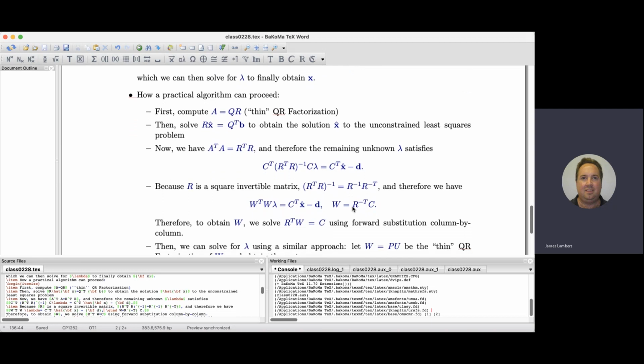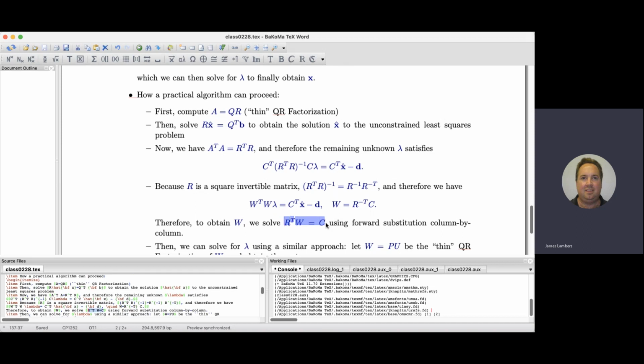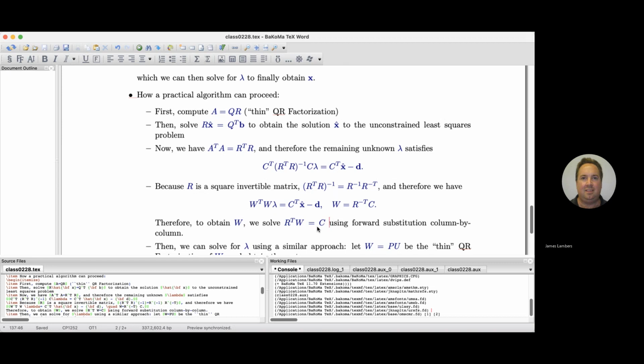Again, you don't want to compute this inverse explicitly. Instead, you solve this system of equations. R is upper triangular, so its transpose is lower triangular. So we solve this system for one column of W at a time, and you get each column using forward substitution. That'll be an efficient process.